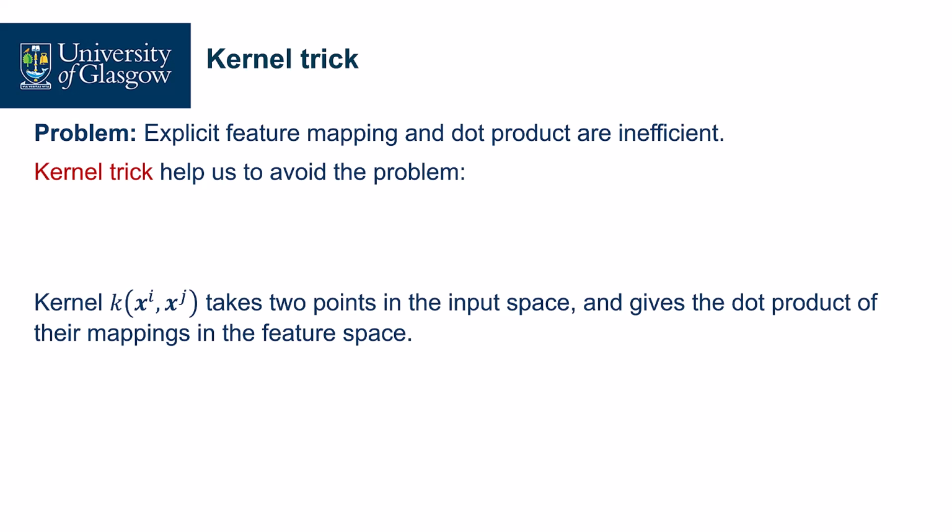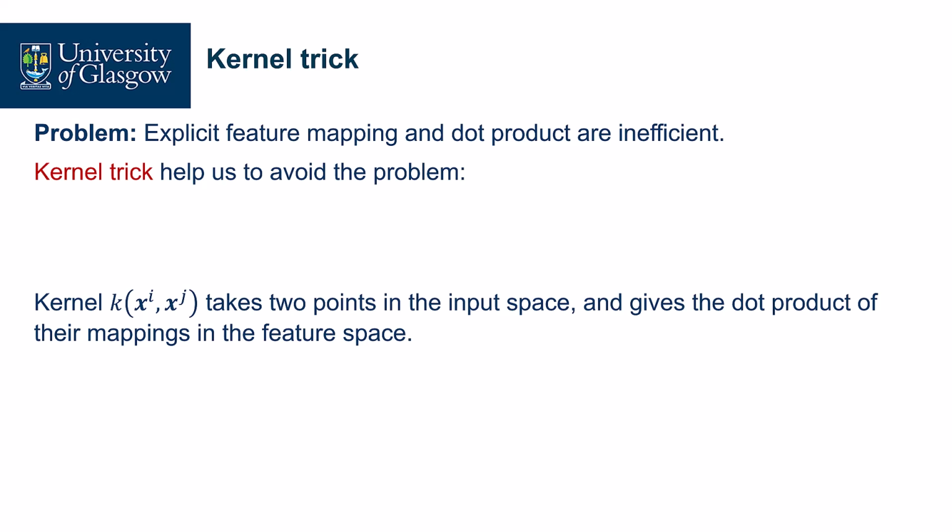This function takes two points in the input space, not the feature space, but by applying it, we get the dot product of their mappings in the feature space. And under some conditions, we are guaranteed that such a kernel function exists.